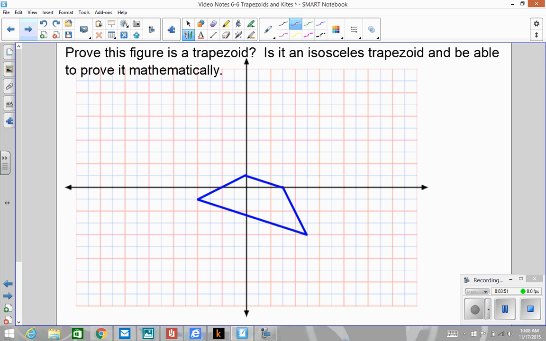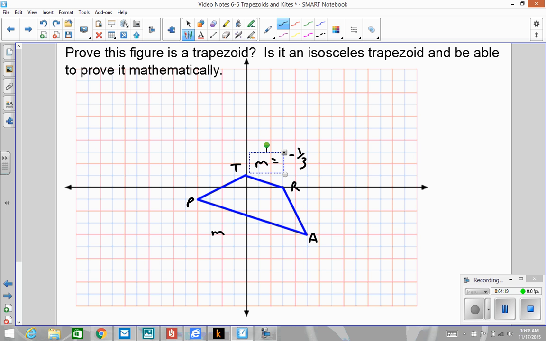Okay. So if we want to prove a figure is a trapezoid or check to see if it's an isosceles trapezoid, remember a trapezoid has one pair of parallel sides. So let's give some letters here for this figure: T, R, A, P. You can probably see that the legs are TP and RA, so let's start with TR. The slope for TR is 1 down and 3 over, so the slope is -1/3.